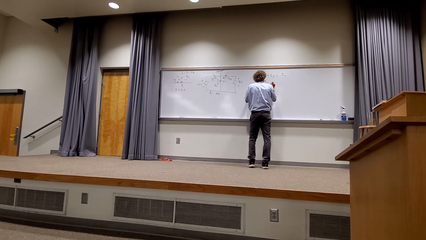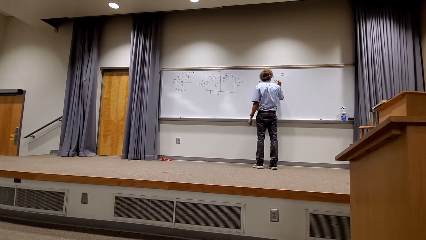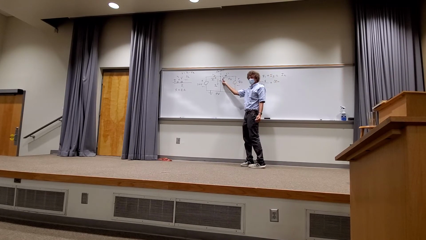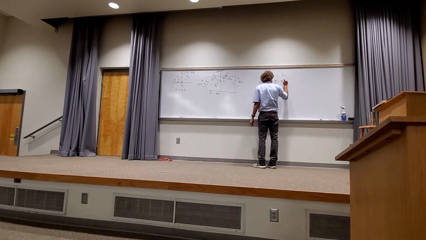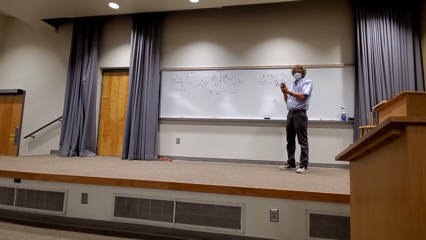Right? Plus I3. What is I3? Anyone? What's the voltage on this side? 5. All right, so it's 5, right? And the voltage on this side, that's where the current's leaving, is V. Just V. Divided by 50, right? Correct?